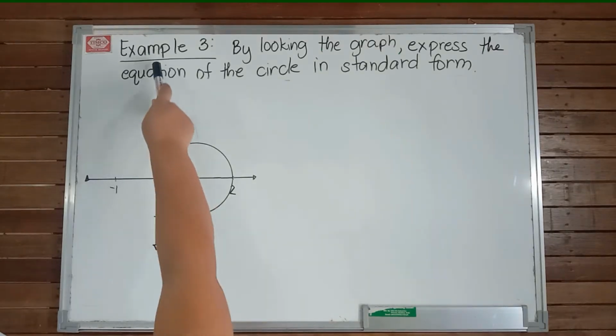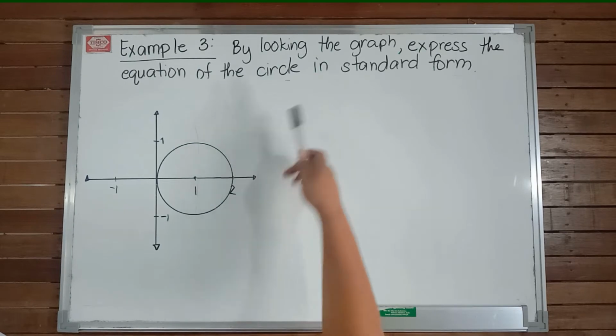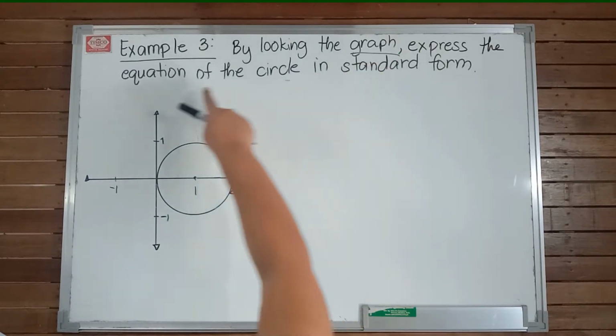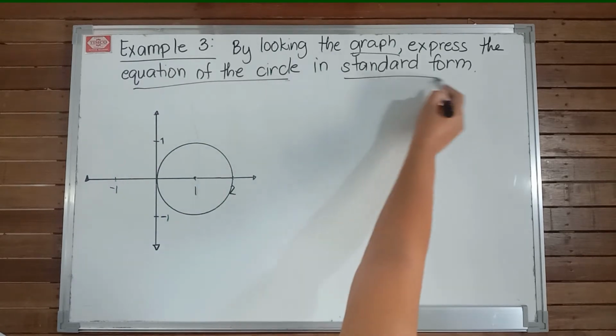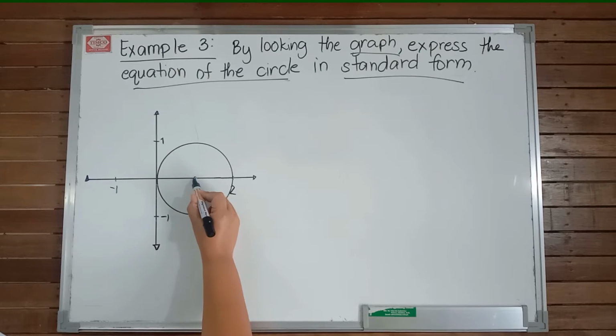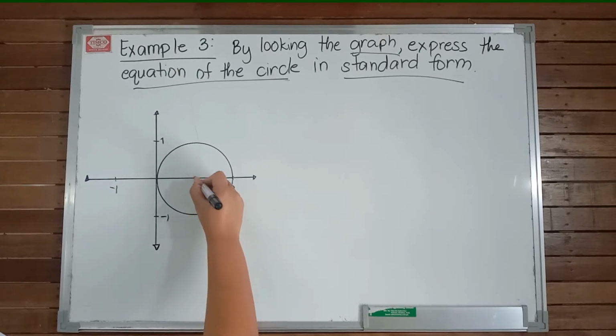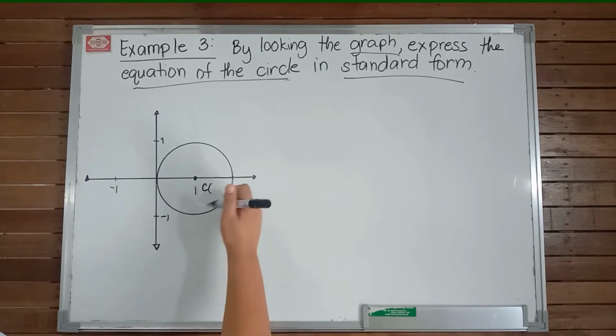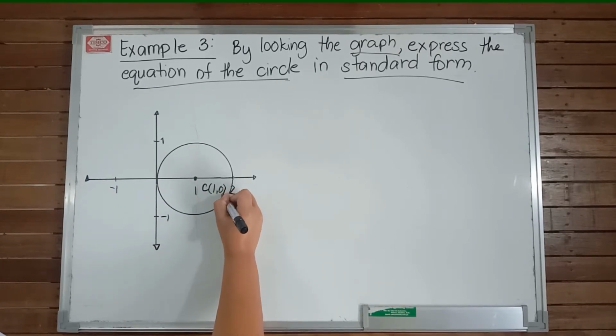For our example 3, by looking at the graph, express the equation of the circle in standard form. So, given lang natin dito, graph ng circle. Kung mapapansin nyo, yung center ay nasa 1, 0. So, ang x natin ay 1 at 0.